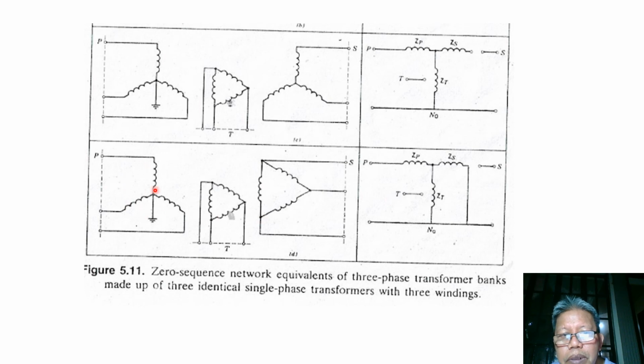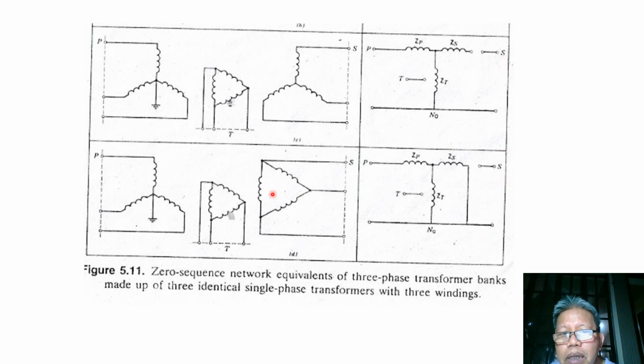For the primary winding which is grounded, and with respect to the tertiary winding similar to the one we have above, the zero sequence current can just flow through this path, with the terminal open. But with respect to the secondary, the zero sequence current cannot flow to the secondary, so it's open here.